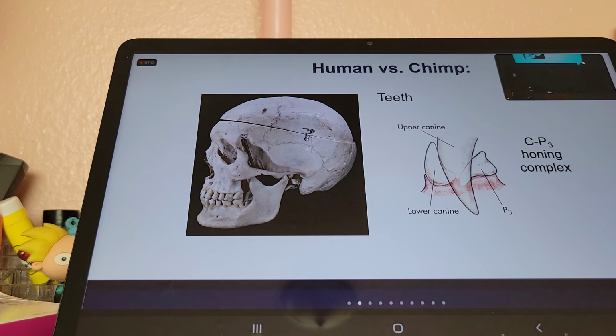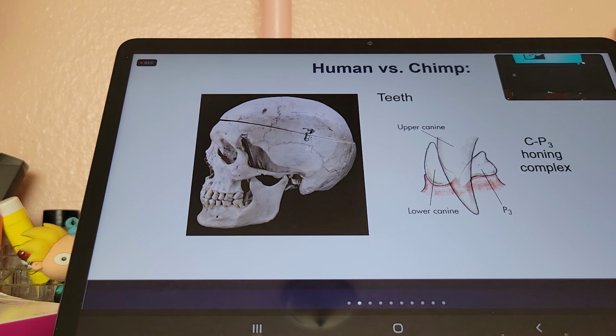A honing complex, whereby the overlap with that maxillary canine with the mandibular premolar hones the back edge of that canine. You know what it means to hone an edge? Sharpens the edge, like you would sharpen a knife or sharpen a sword. Okay?